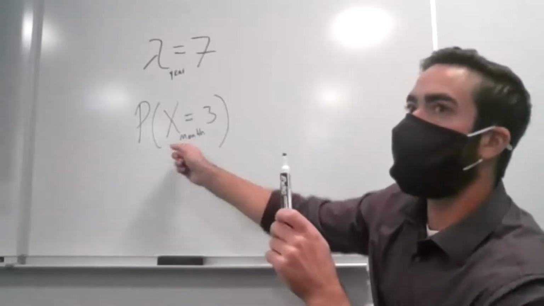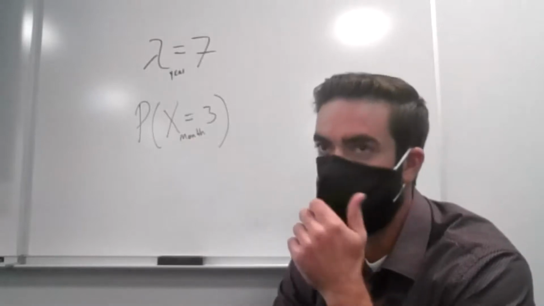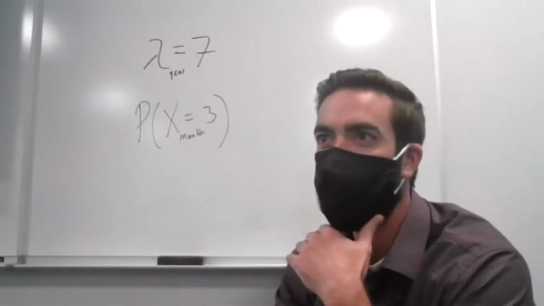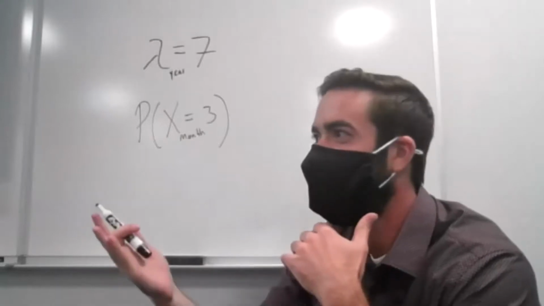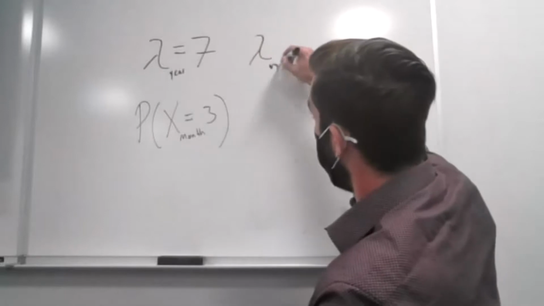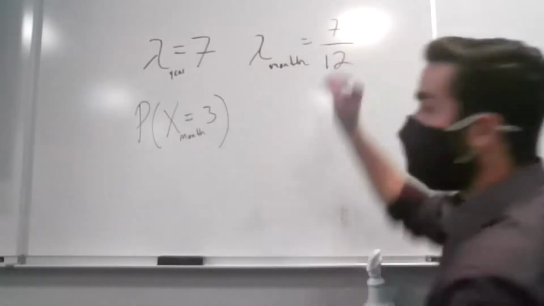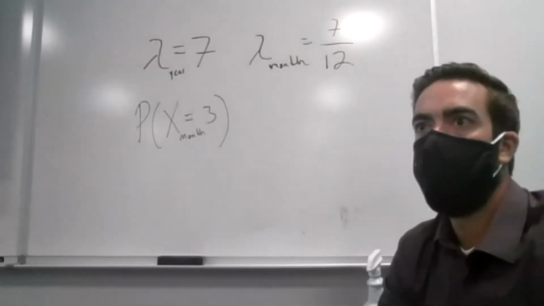How could I find this probability? If I know the average over the year, how would I find the average over every month? Yeah, I would just divide it by 12, right?